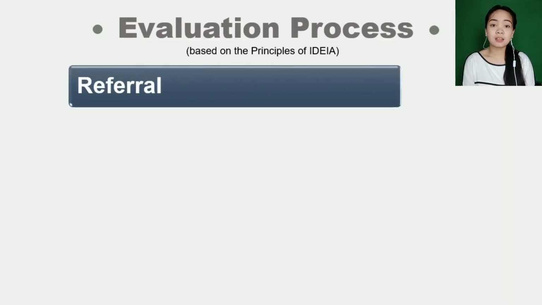Anyone who has knowledge of the child and suspects that the child has a disability may initiate the referral and evaluation process. It may be the parents, teacher, doctor, social worker, therapists, student, or school-based problem-solving team.